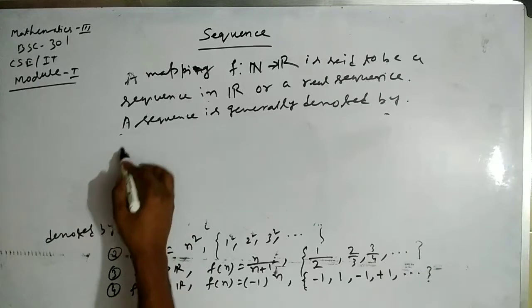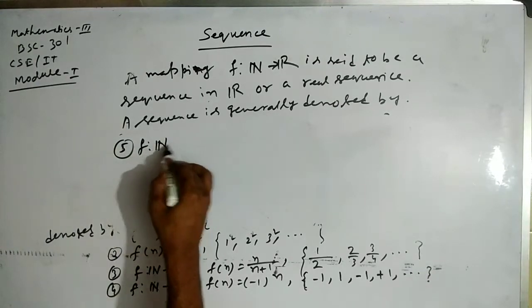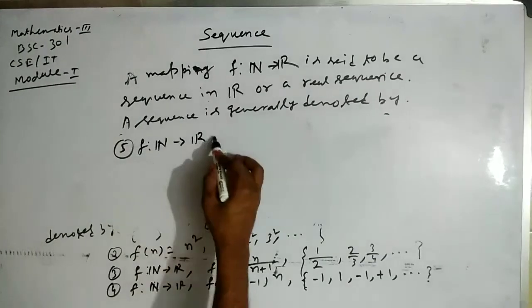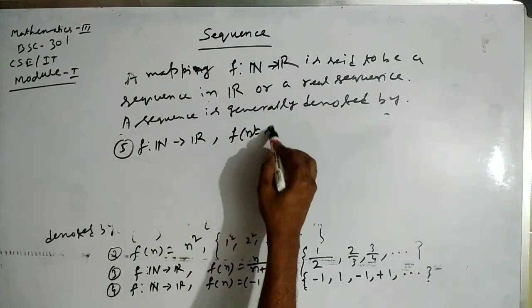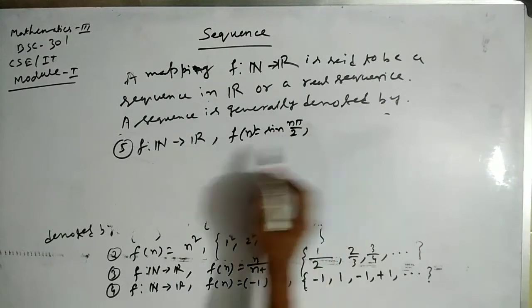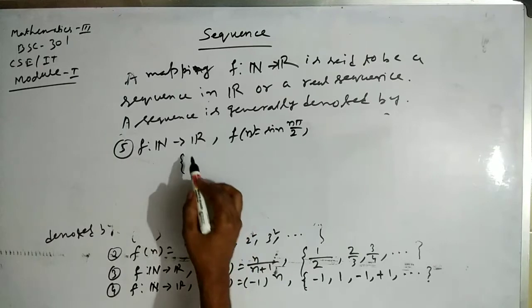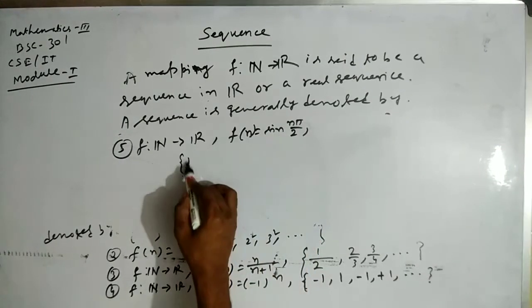Next, example number 5. If f from n to r is defined by fn equal to sine of n pi by 2, this sequence will be like this. First, for n equal to 1 it is sine pi by 2, and that is 1.